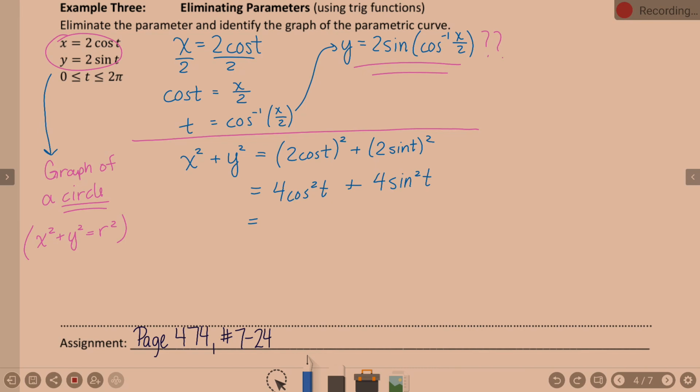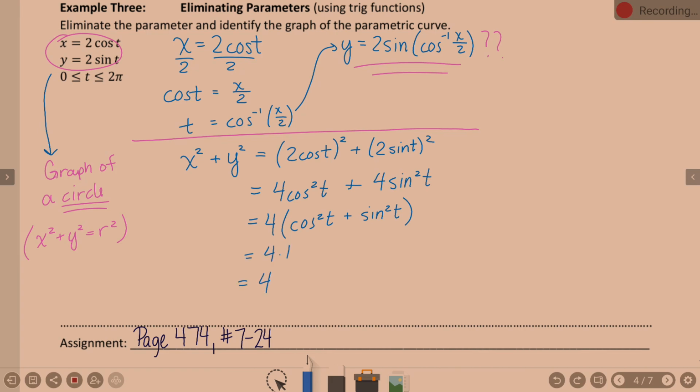Just think GCF. Factor it out. If we factor the 4 out front, then what's left? Cosine squared t plus sine squared t. And that's where Caitlin reminded us that that is 1 because it's one of our Pythagorean identities. So it's equal to 4 times 1, which is indeed 4.